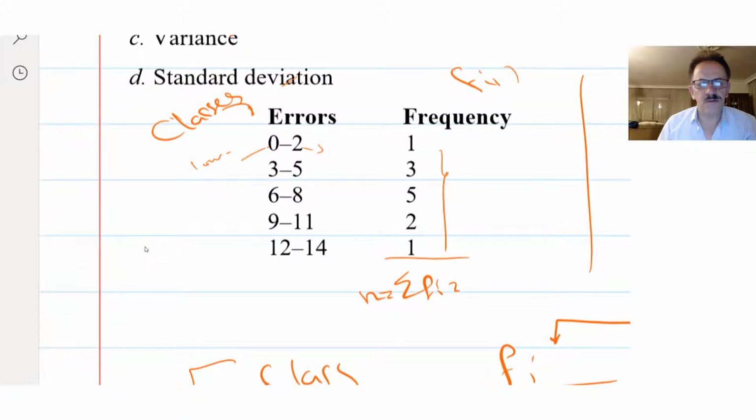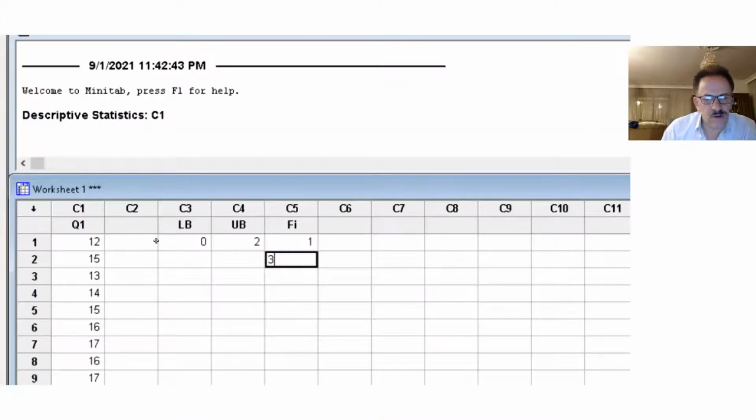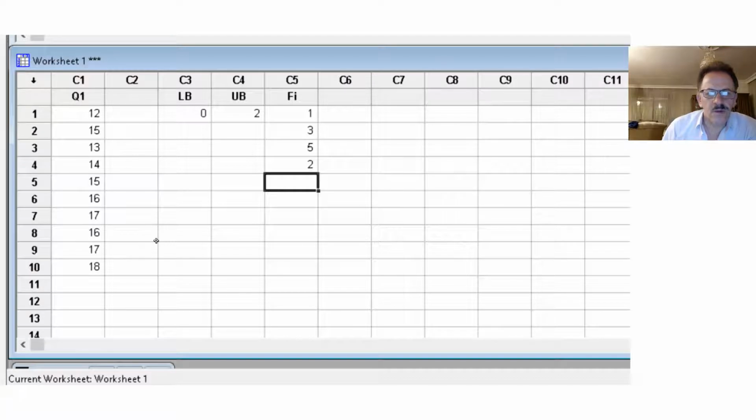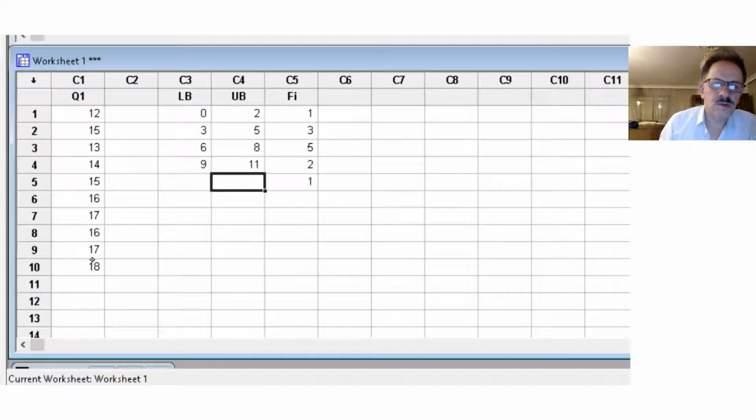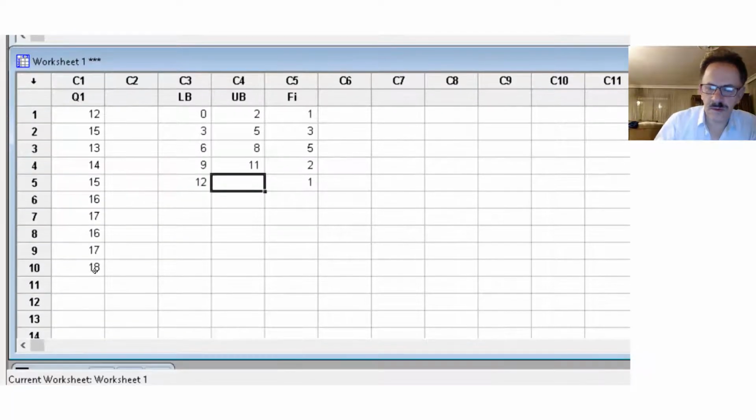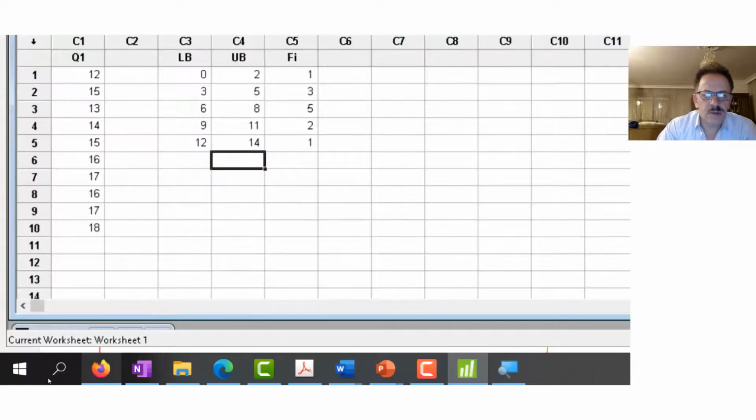So we have 0 to 2, we have 3 to 5, then 6 to 8, 9 to 11, and the last one we have 12 to 14.